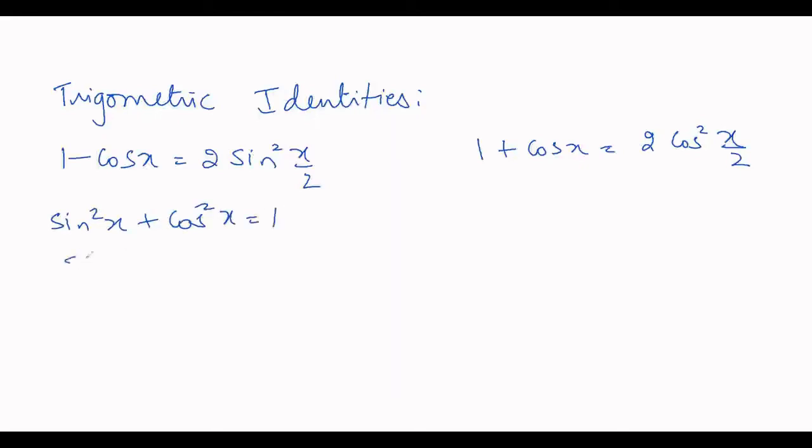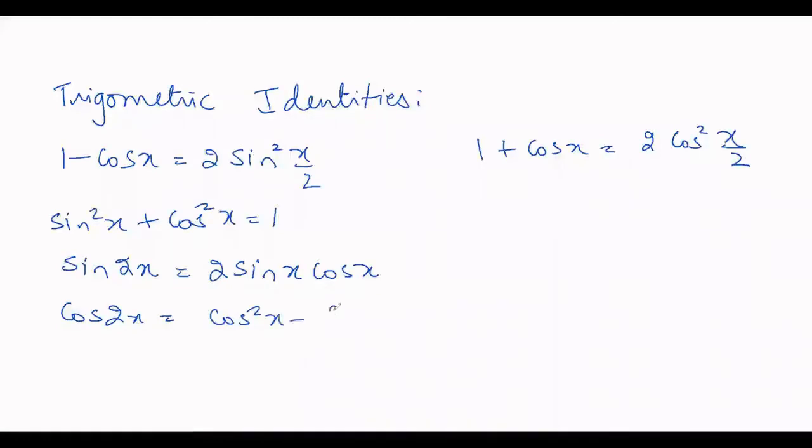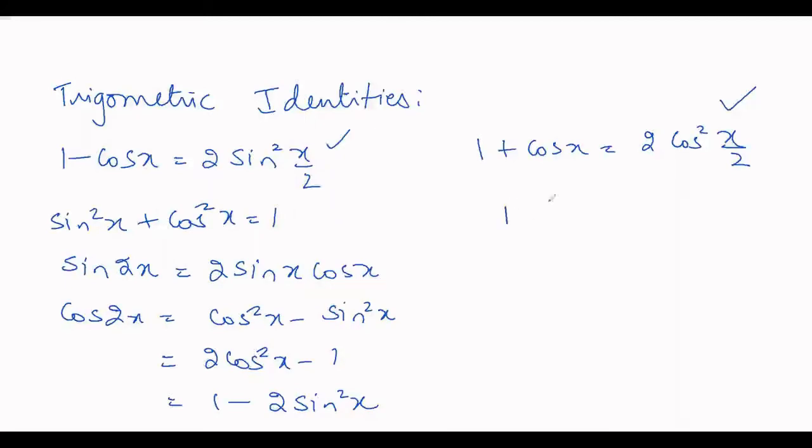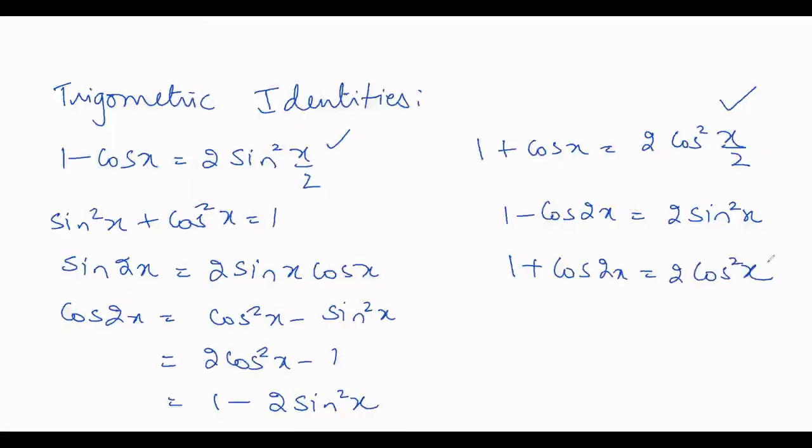So sine 2x is equal to 2 sin x cos x. Cos 2x is equal to cos squared x minus sin squared x, which can also be written as 2 cos squared x minus 1, also equal to 1 minus 2 sin squared x. Now what we have noted is half angle. The same thing can be written as 1 minus cos 2x is equal to 2 sin squared x, or 1 plus cos 2x is equal to 2 cos squared x. Okay, let me clear this.